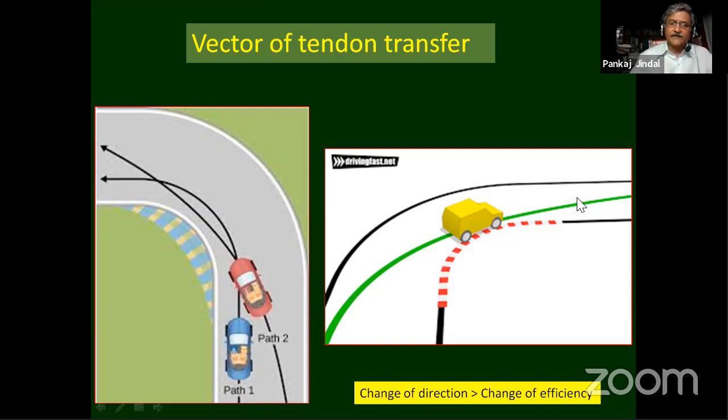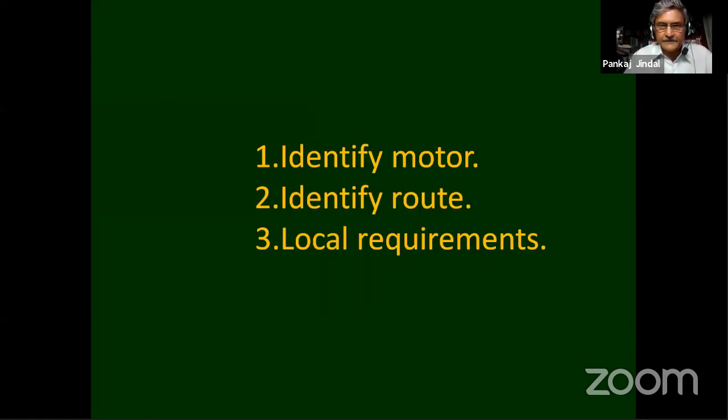Therefore, when you choose a muscle, see to it that it has a vector which is relatively more straight. Otherwise, inefficiency sets in. So choose a muscle which has a straighter excursion, which again means dissect out the muscle more proximally so that it reaches the target more efficiently.